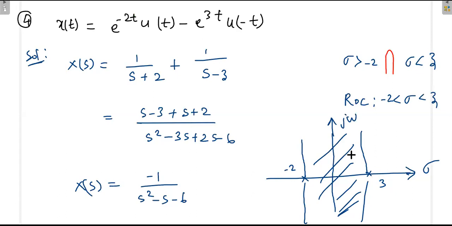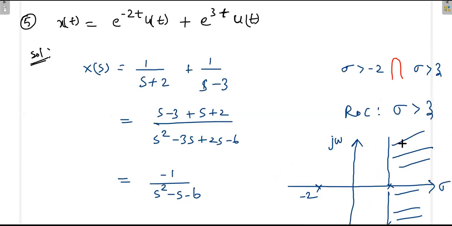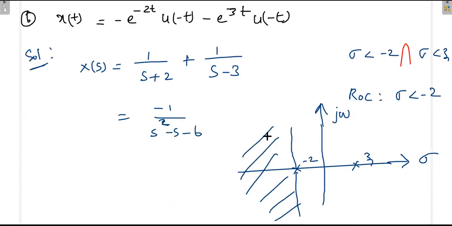In the first case, the ROC is in between minus 2 and 3. In the second case, ROC is outside the 3, that means greater than 3. In the third case, ROC is less than minus 2. But in all the 3 cases, the poles are fixed. So now we'll see another variety, another set. This is 7.